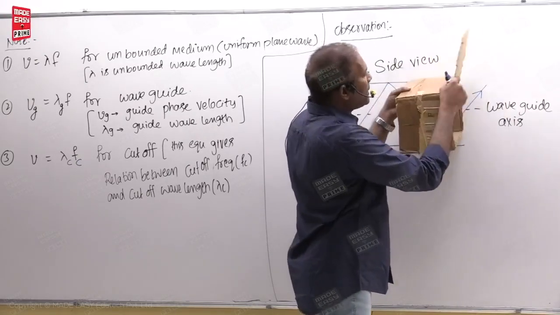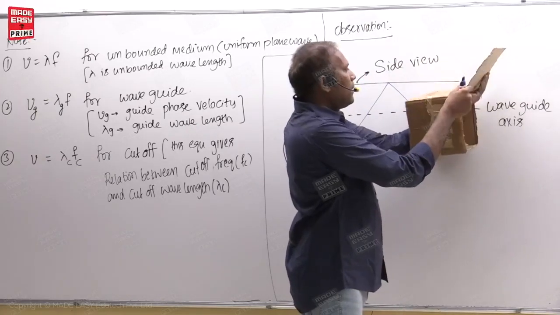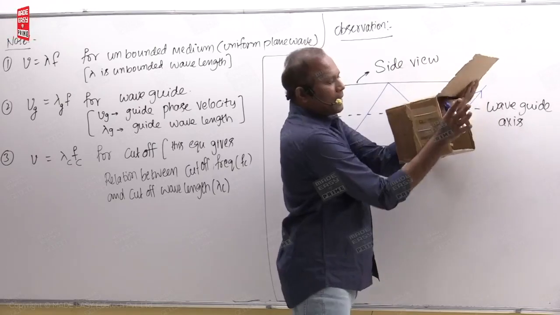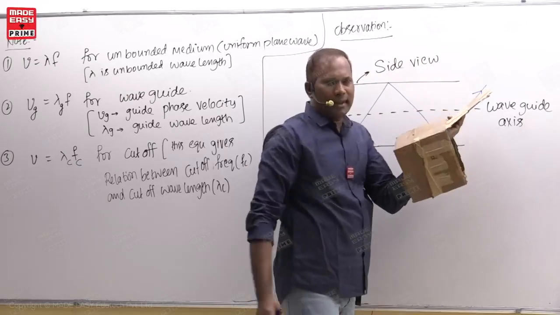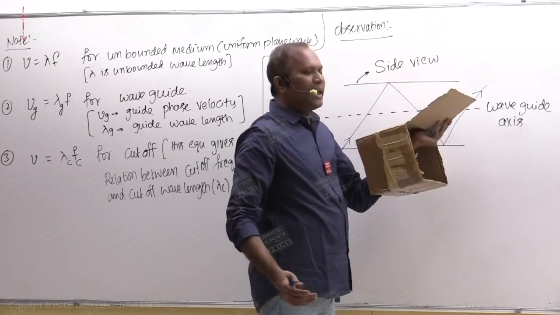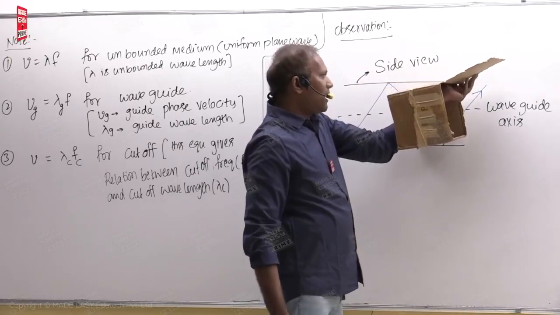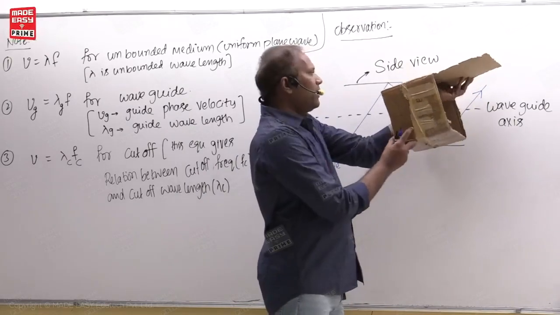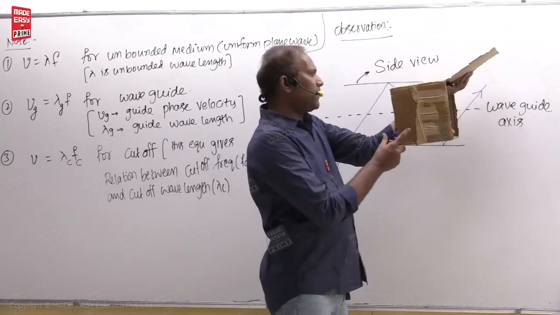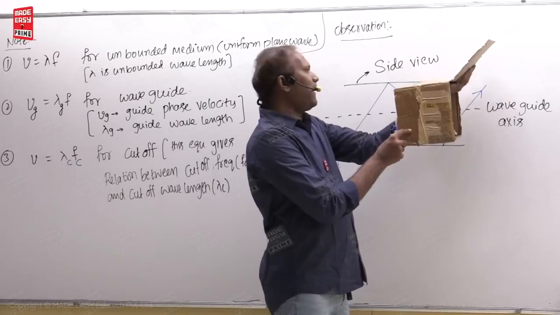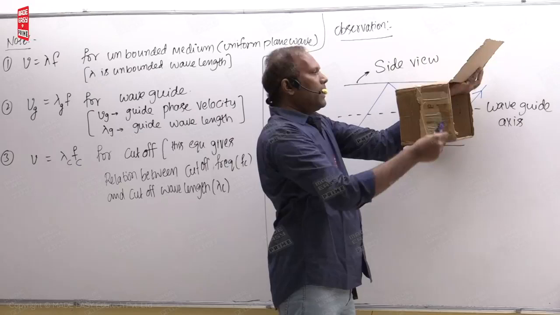Horn antenna means it is like this here, and here also it is like this. They are called microwave antennas. They are not in the syllabus. Earlier microwave engineering was there, and microwave antennas were there. Now it is removed from the syllabus. I was teaching that microwave engineering, so that is removed. That is good for the students, because for students that is a very difficult subject. Anyway, why open it like this, students? That is called a horn antenna.